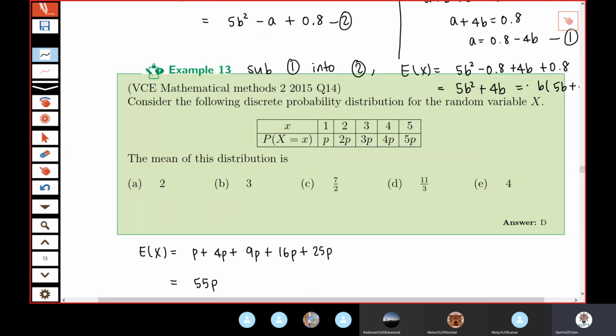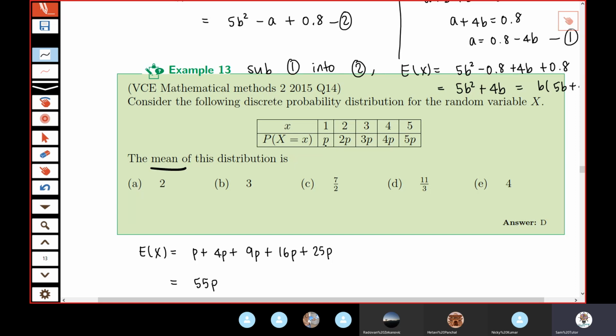Consider the following discrete probability distribution for the random variable x. The mean of this distribution is... So we're trying to find the mean. What's the problem before I can find the mean? What don't I have, obviously? I don't have P, right?